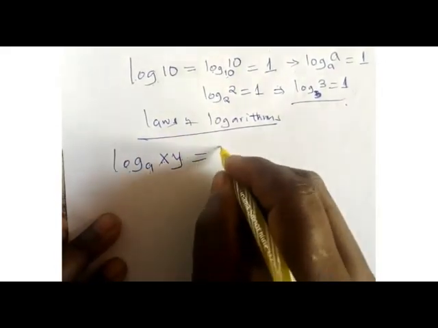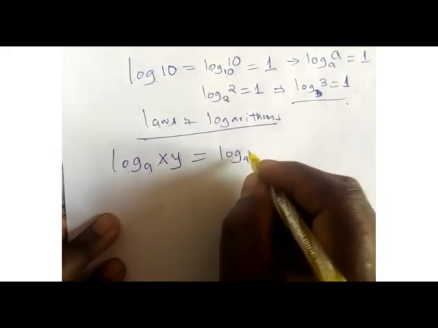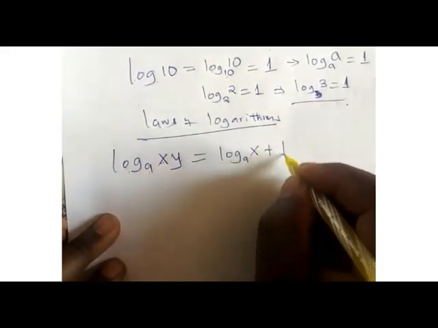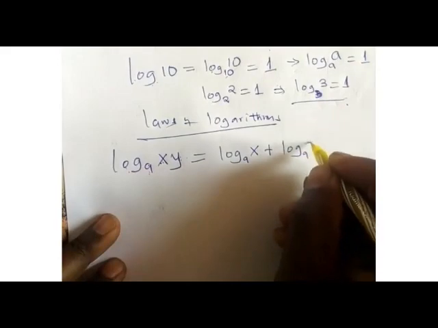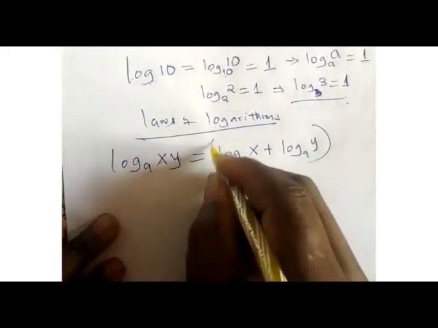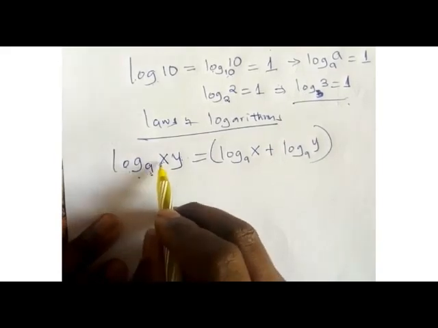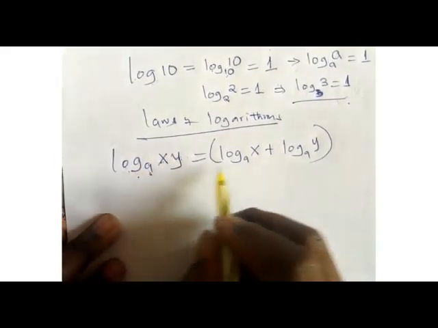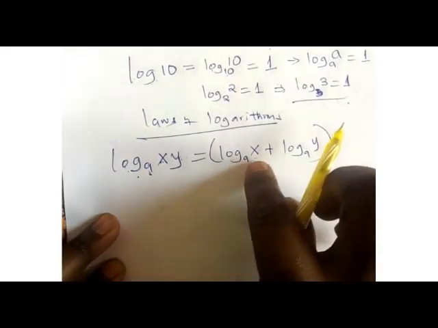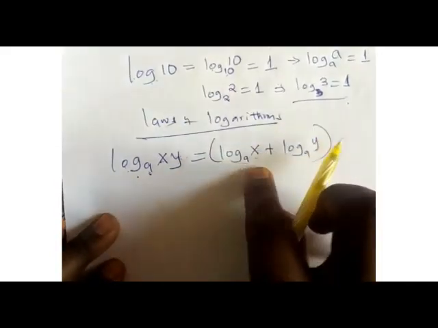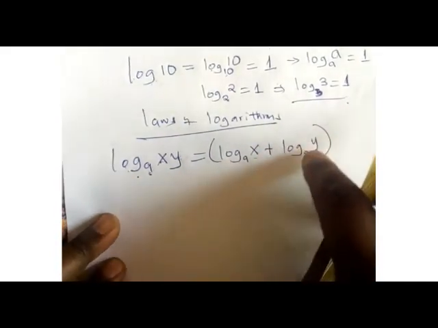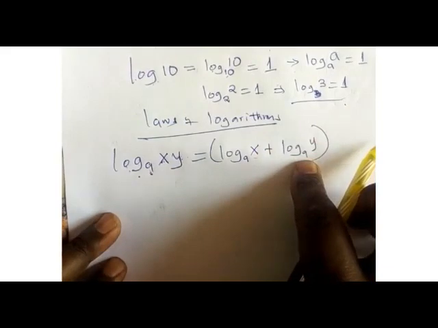So this means log a of x plus log a of y. So log of xy to base a is the same as log of x base a plus log of y base a.